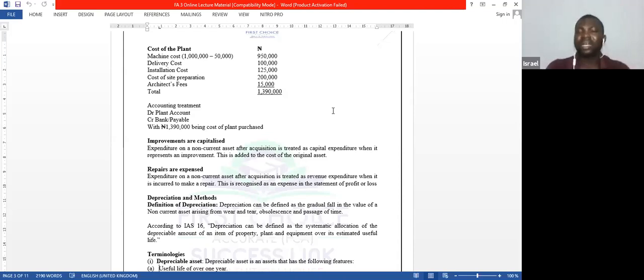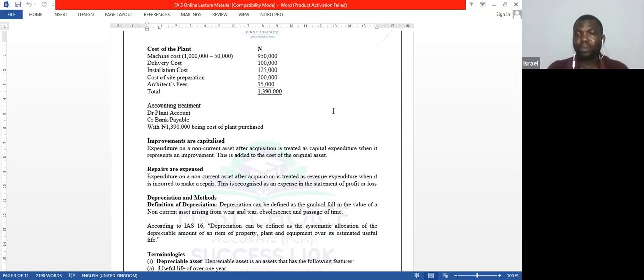Now, for example, a motor vehicle. You notice that you are buying fuel, plugs, changing some things, maybe changing tires and the rest. These are not expected to be capitalized, they are expected to be expensed, but subject to the policy of the company.